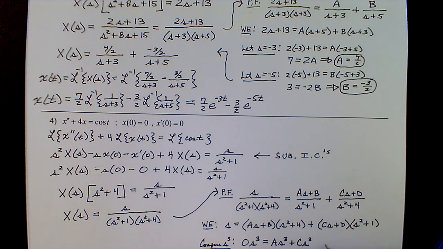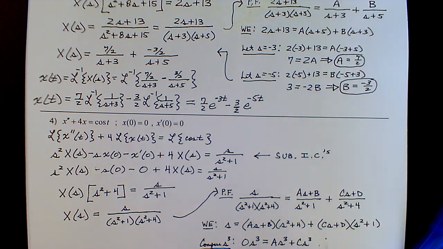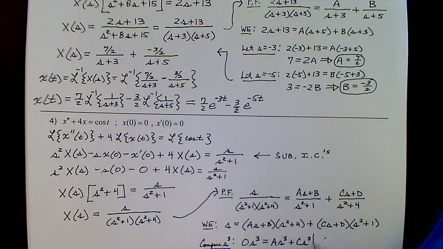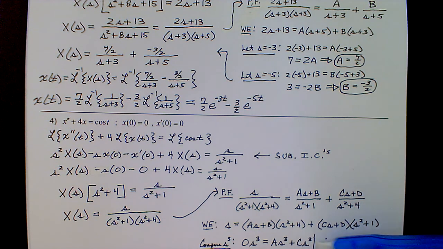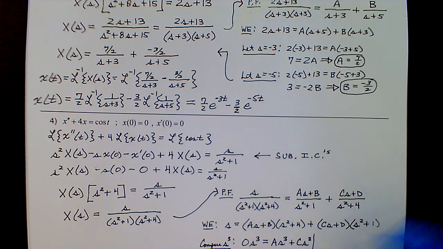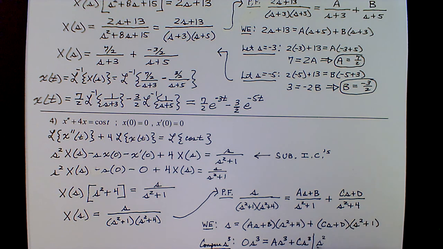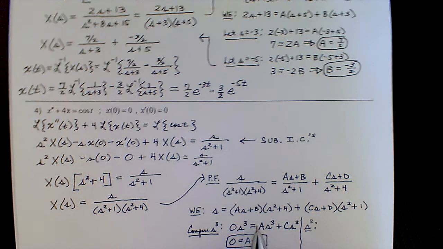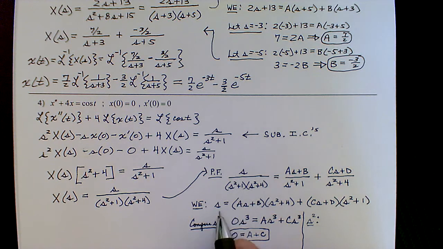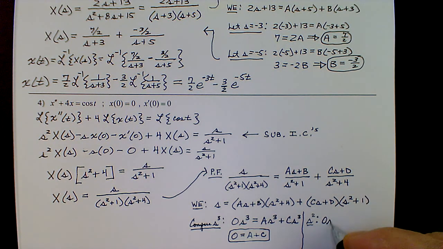Okay, I'm going to continue and compare the s squareds now. I got to try to squeeze this in because I didn't give myself enough room. So I'm not going to write the word compare. I'll just say s squared. Okay, on the left-hand side, again, we have 0 s squared.